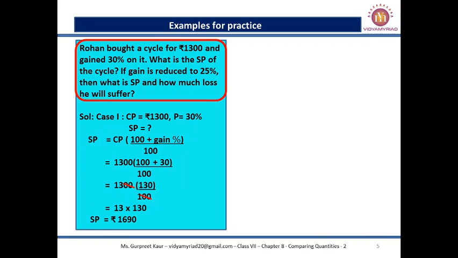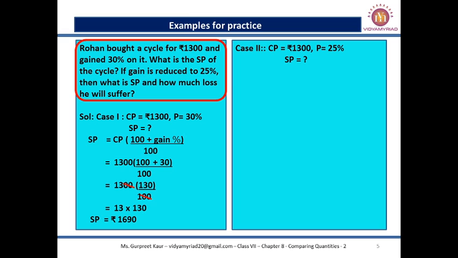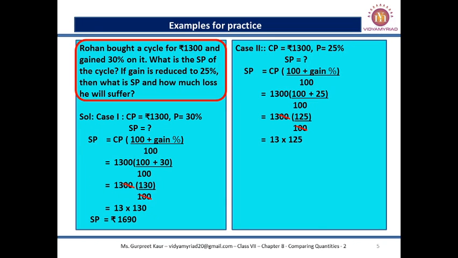Now, second case, he says that if gain is reduced to 25%. Gain earlier was 30%, now gain is 25%. Let us find the new SP. Same formula, we will put 25 instead of 30 as gain percent. Solve it, you will get SP as rupees 1625.